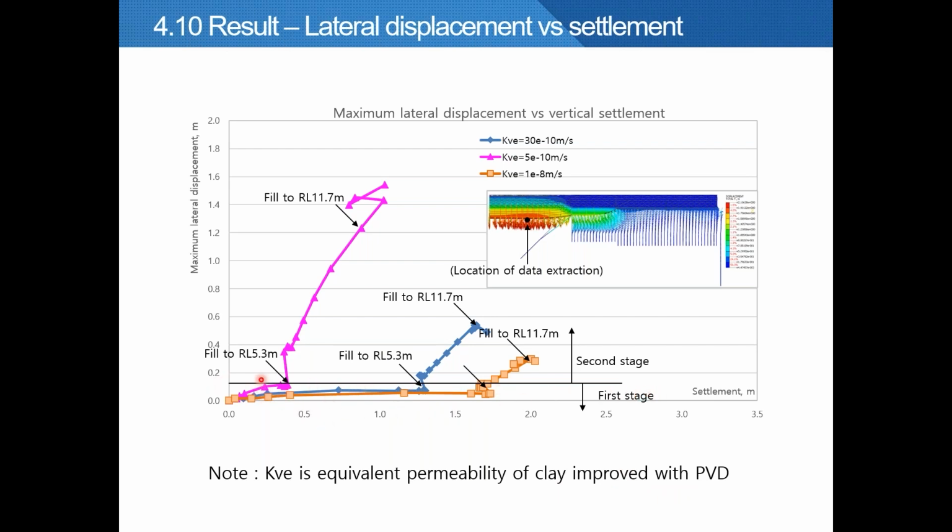One is the initial stage, which I call stage number 1, where the lateral movement is small. And the second stage, where the increment of the lateral movement is close to the settlement. You can see that the lateral displacement accelerates when the embankment is filled to higher than RL 5.3.